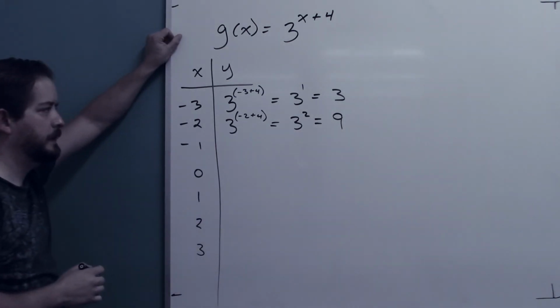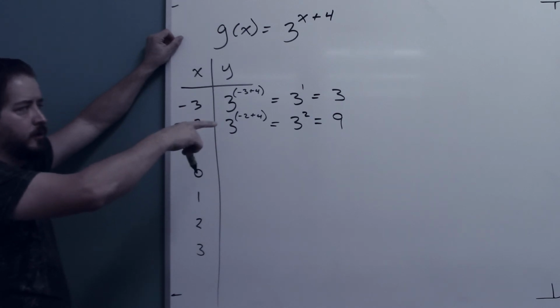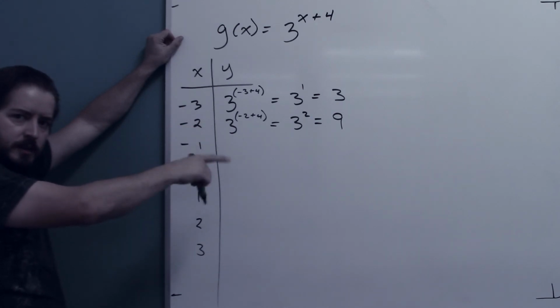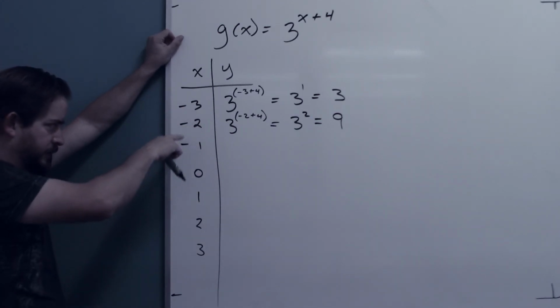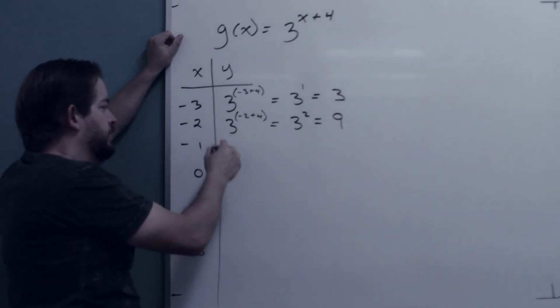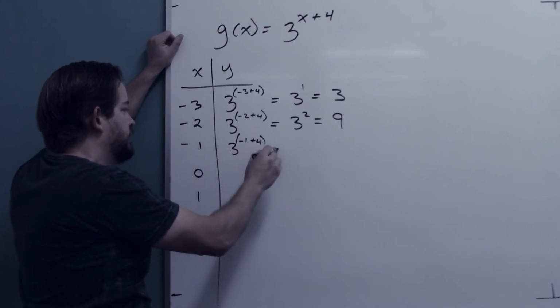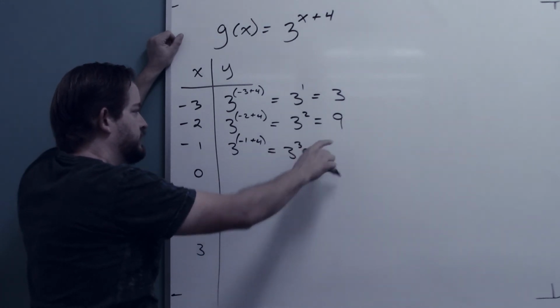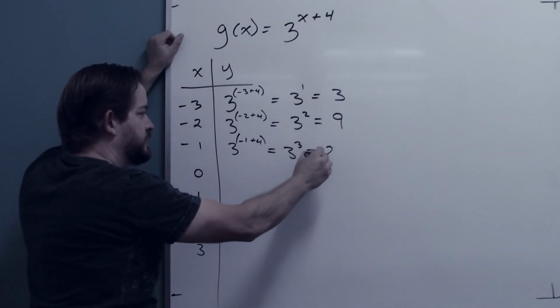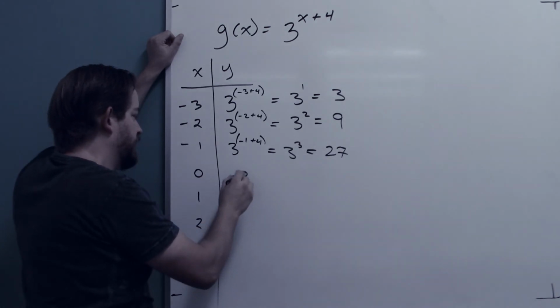Now you can see the pattern already, multiplied by 3, multiplied by 3, multiplied by 3, with every increase of 1 in x. If x is negative 1, then I have 3 to the negative 1 plus 4, but that's 3 to the 3, which is 27, so the next should be 81.